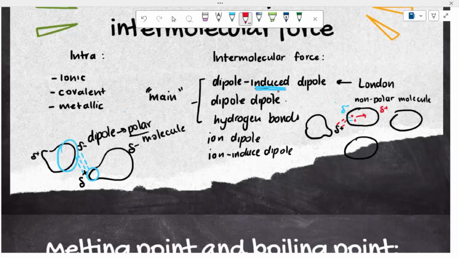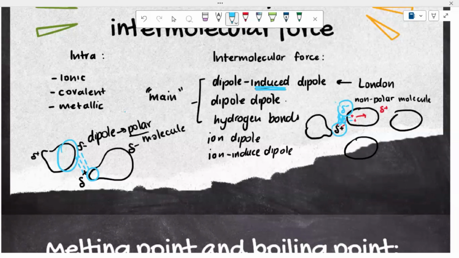Here it's still almost neutral, almost non-polar, but it's momentarily made polar, and then a force of attraction happens, because this is negative and this is positive. That's what our dipole-induced dipole is. Because there's not a big discrepancy between the charges, this tends to be quite a weak force. So this one is quite weak.